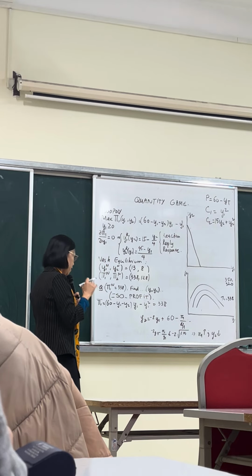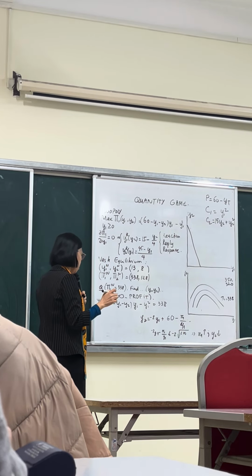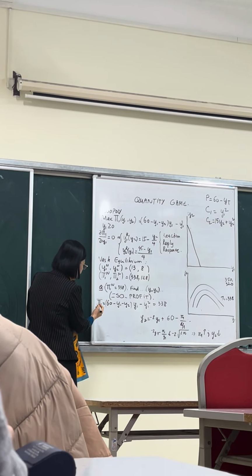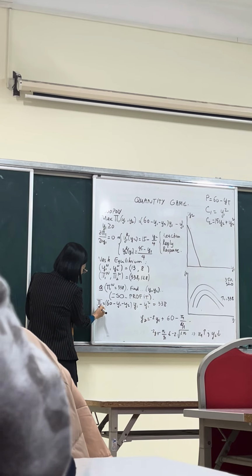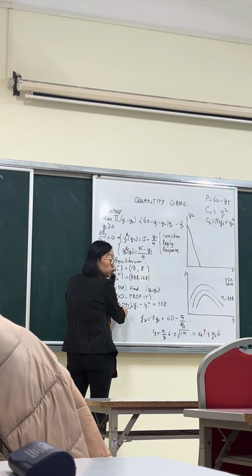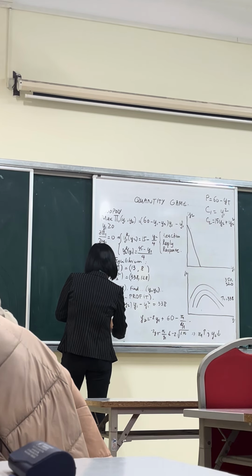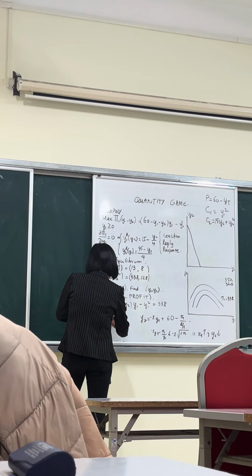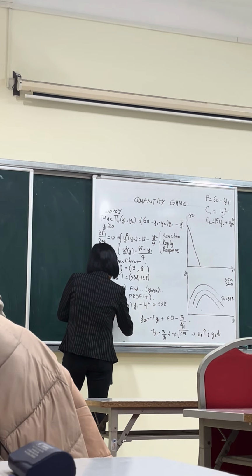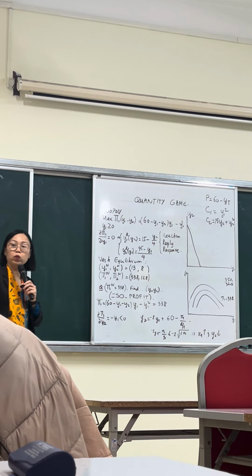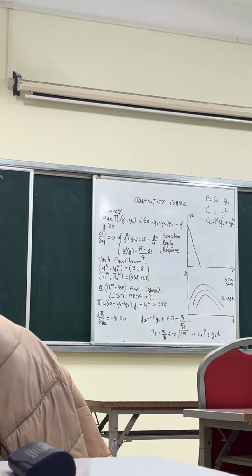Now, to me, you can also see it from the following. If I take the derivative of pi 1 with respect to y2, d pi 1 over dy2, that's going to be minus y1, which is always negative, right?